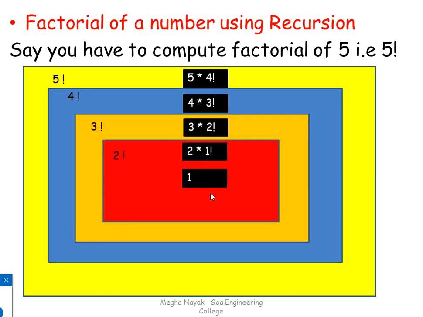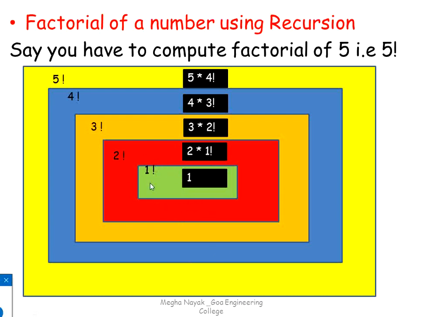I open up this 2 factorial box, and I find another box which is 1 factorial. I open up this box, and that is where I have to stop. So there was one box within another, and I wouldn't be able to evaluate the final answer if I did not open up this 1 factorial box.